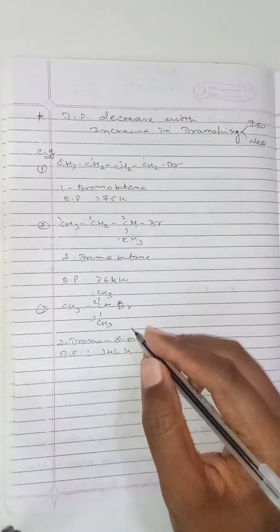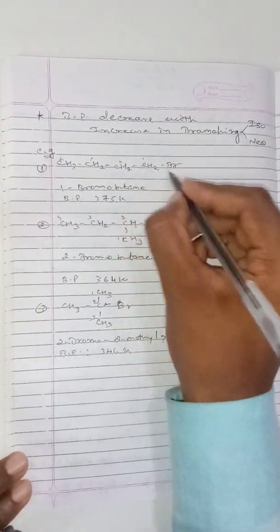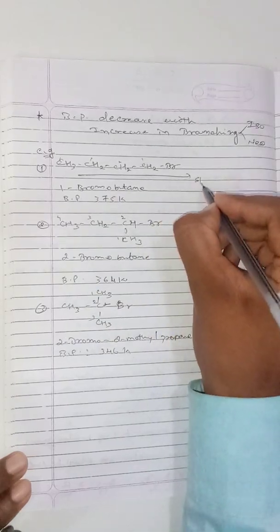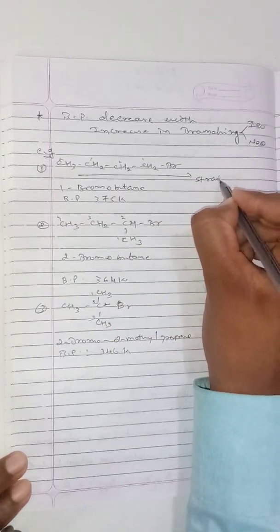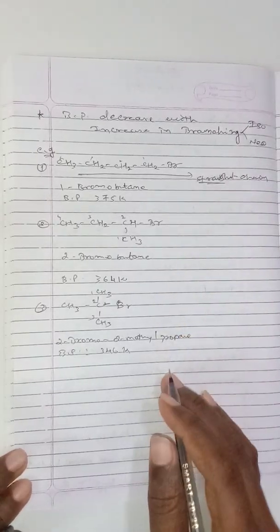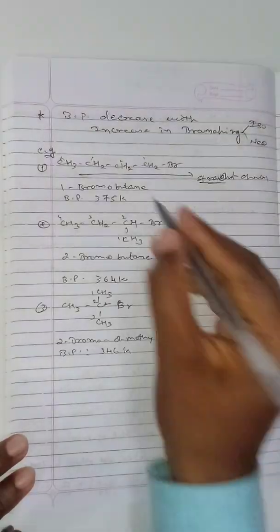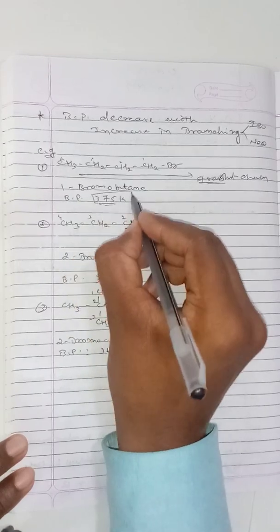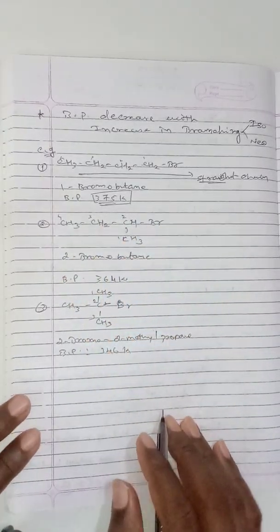Here the first is a straight chain or longest chain, and its boiling point is 375.